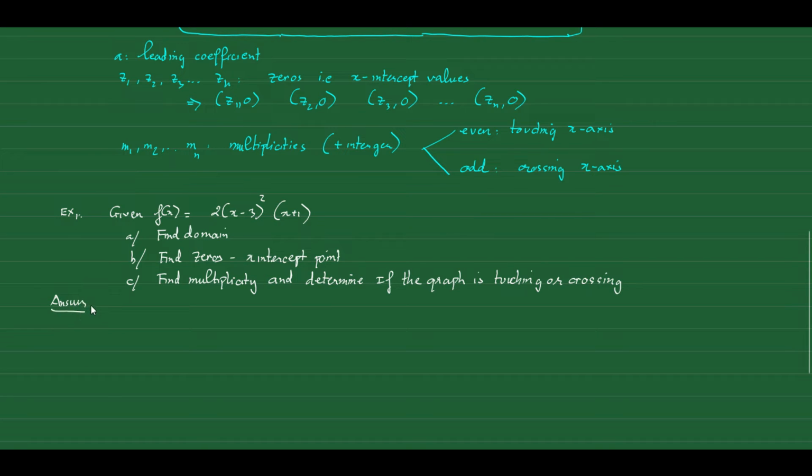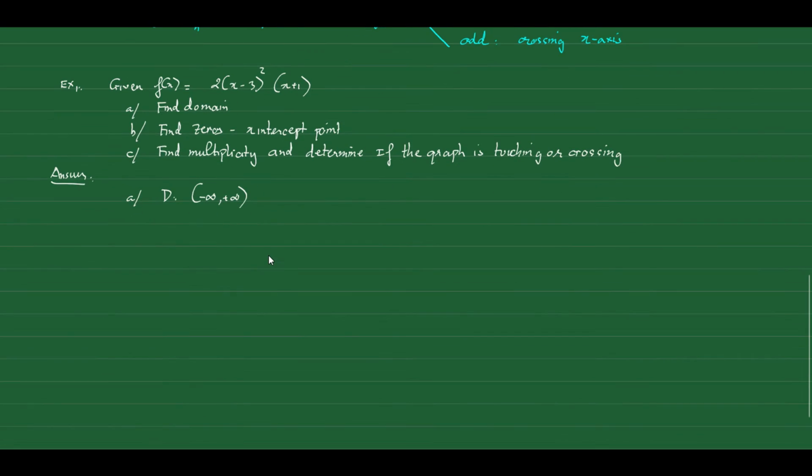Everybody knows that for the domain of polynomials, this is polynomial form, because the degree over here is positive, so everything is good. The domain always goes from negative infinity to positive infinity. Now the zeros are the values right here.